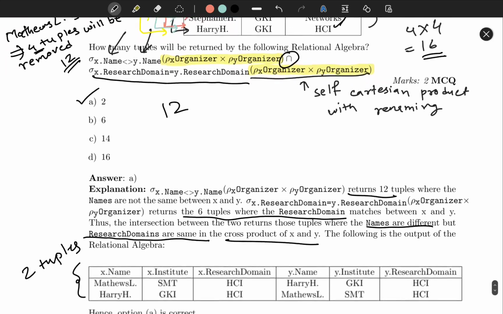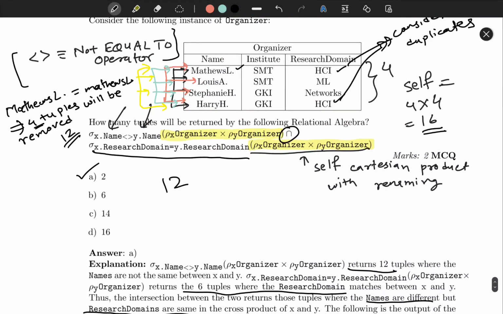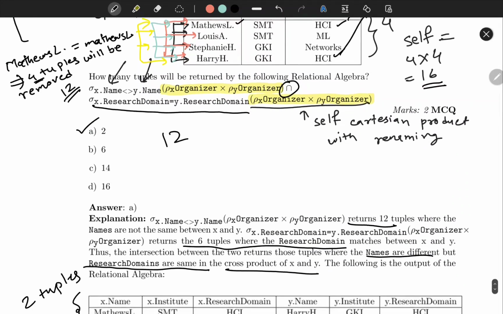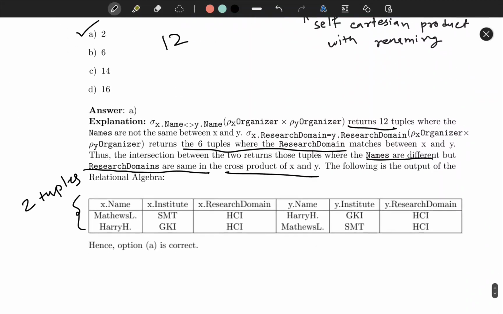You might want to work this out and solve the relations for each selection, and you will find out that the second selection will return 6 tuples, and finally when you intersect them, you will find that there are only 2 tuples where x name is not equal to y name and x dot research domain equals y dot research domain.